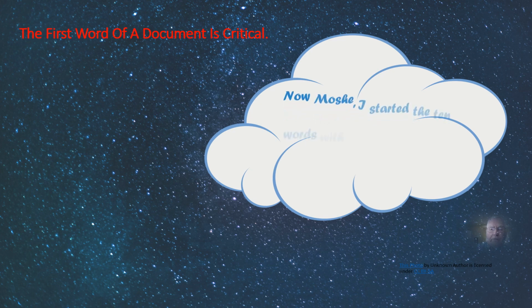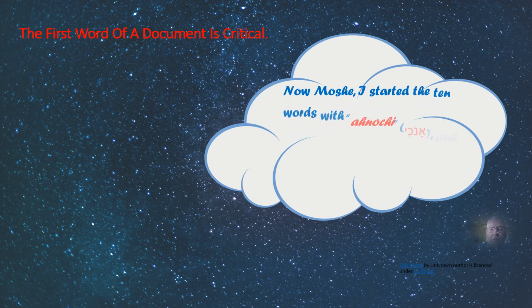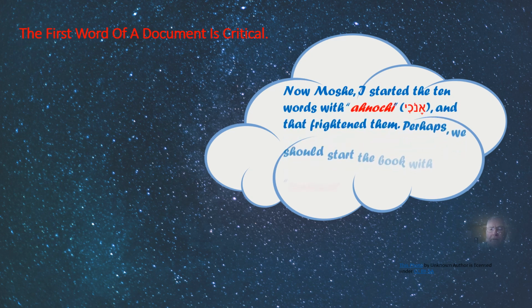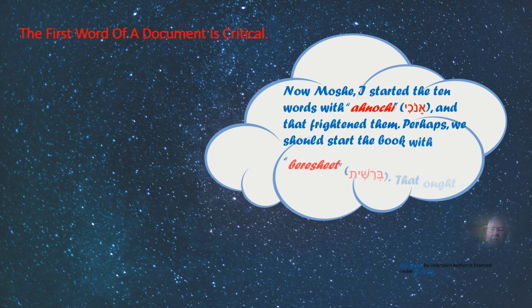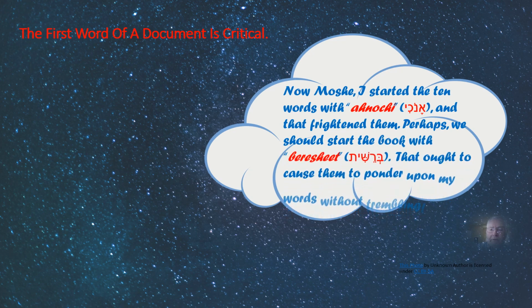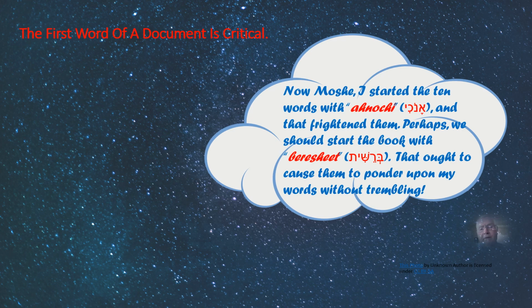Now, Moshe, I started the 10 words with Anoki, and that frightened them. Perhaps we should start the book with Bereshit. That ought to cause them to ponder upon my words without trembling. When we're talking about the 10 words, we're talking about the 10 commandments. And the Creator introduced himself with Anoki, which means I am.